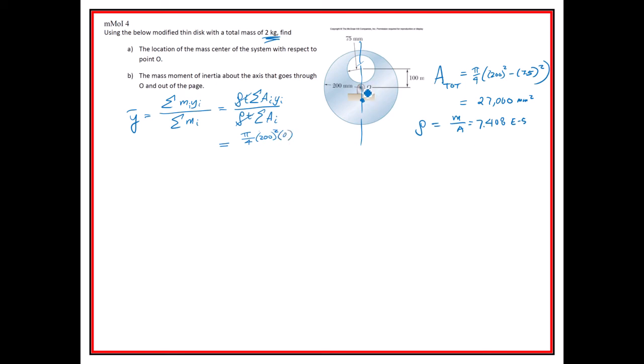Because we're going to use O as the reference point, so we can measure everything from O, so that doesn't do anything. So we go minus pi over 4 times 75 squared, and its distance is going to be 100. And then divided by the total area, what I just calculated over there, the pi over 4, 200 squared minus 75 squared.